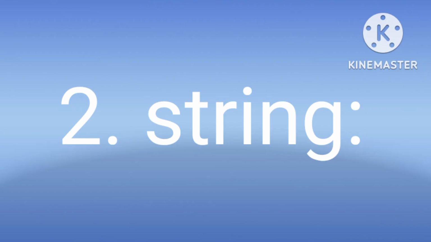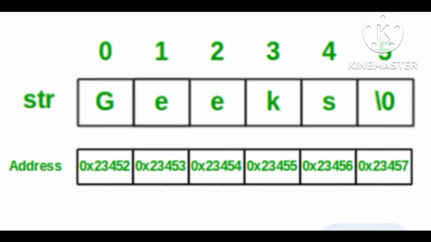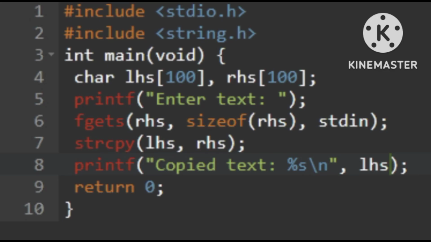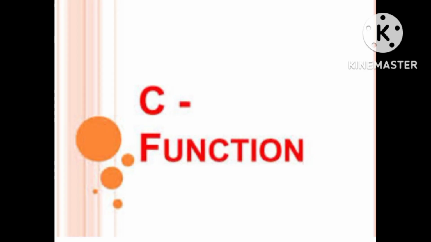And the second one is string. What is a string? A group of characters enclosed between double quotes is called a string. For example, char st = spaces. Spaces means gap, and this is the process of string and this is the picture of string. And the next one is function.